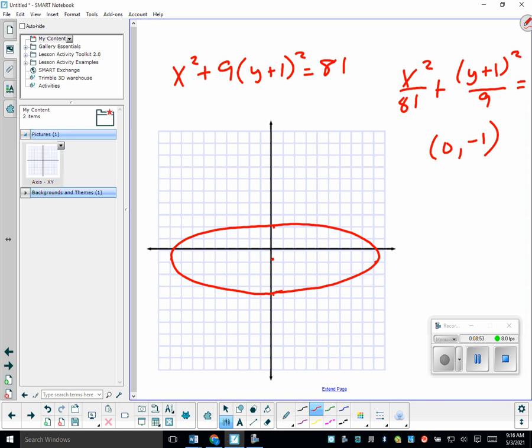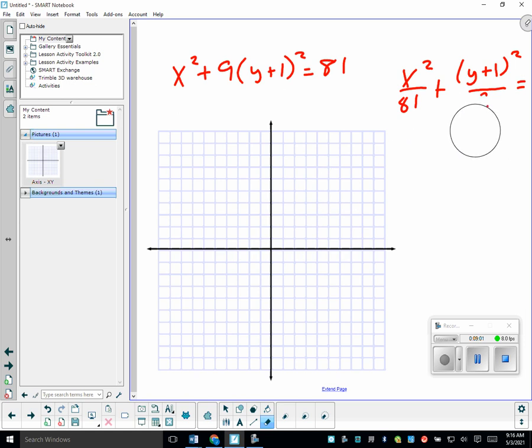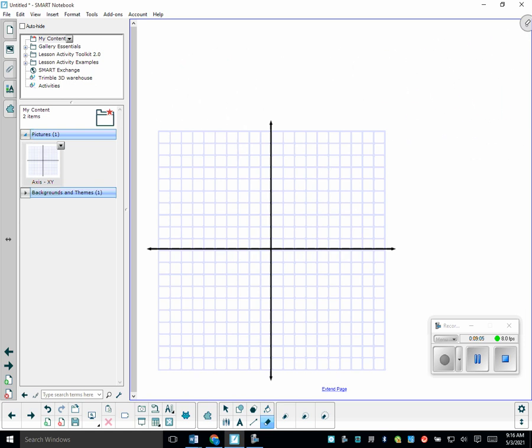All right. One more? Ellipses are not hard, are they? Even though you have to graph them, they're not super hard.